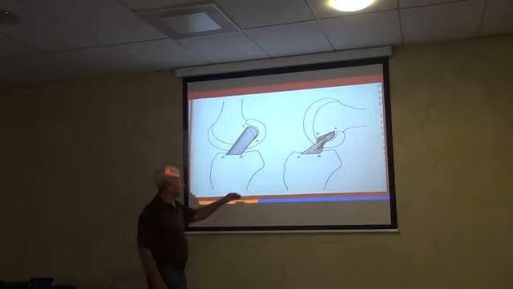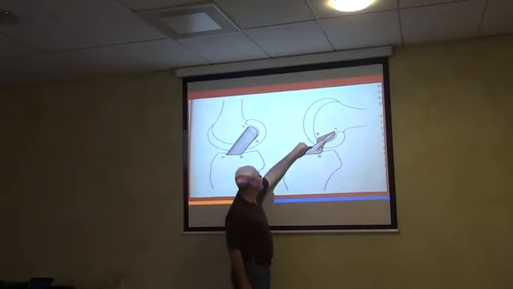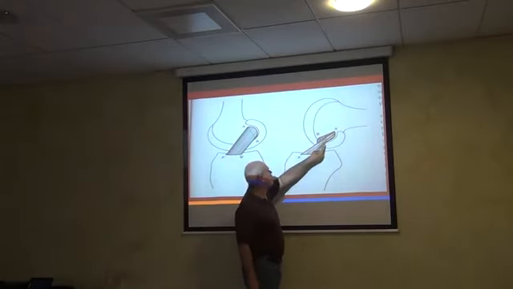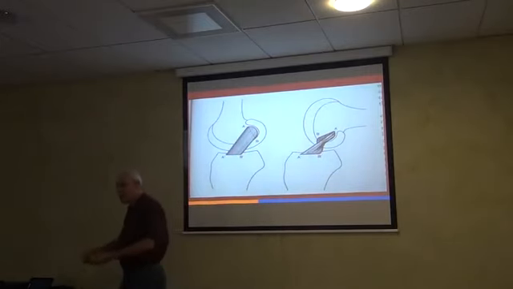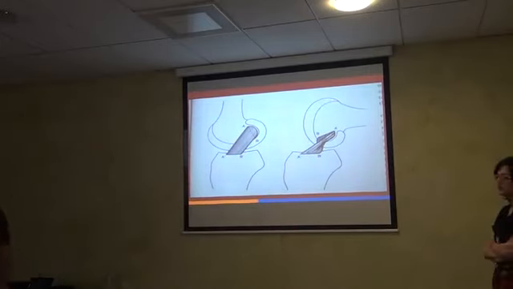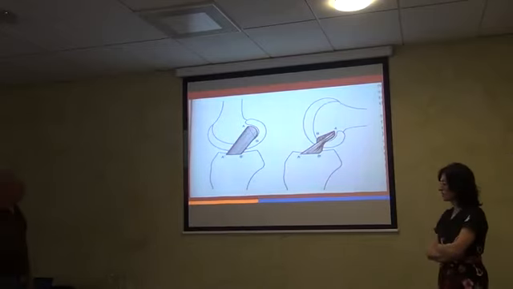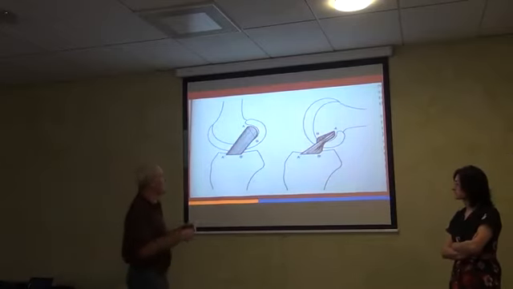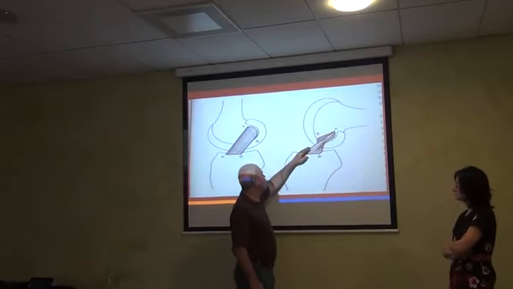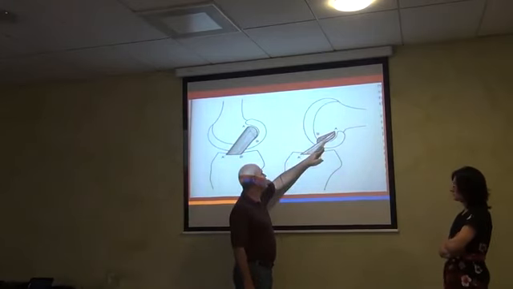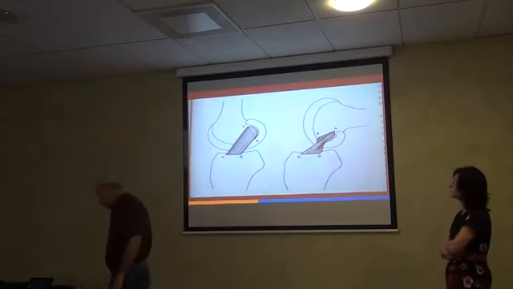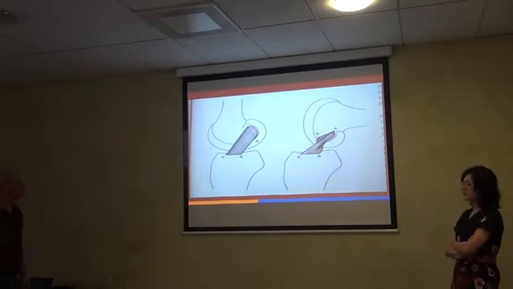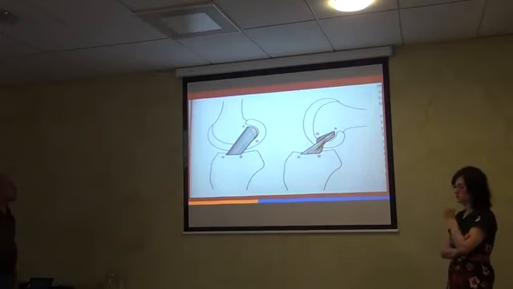And that's why, for example, in this moment, this fiber is under tension, but these fibers are not under tension. Вот волокна А, они в данном случае напряжены, а волокна Б расслаблены. But if you change the position of the knee, then these fibers will be relaxed and these fibers could be under tension. При изменении положения колена, тогда наоборот волокна А расслабятся, а Б напрягутся.